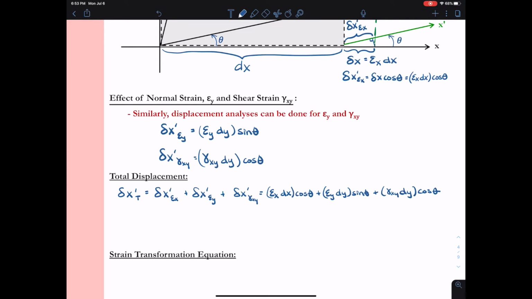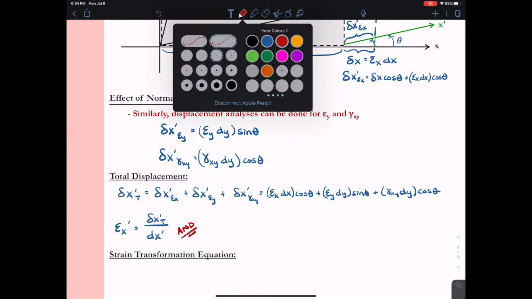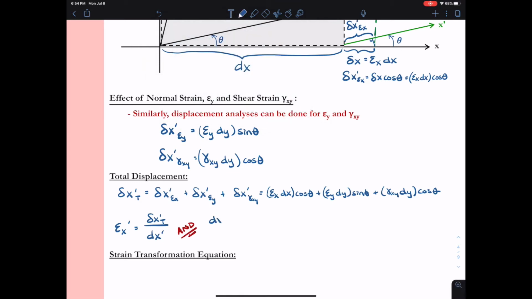I'm now ready to solve for epsilon x prime. Epsilon x prime equals delta x prime total divided by dx prime. So now I'm going to substitute the values above for delta x prime total, but for dx and dy, I want to substitute the geometry I had on the previous page, namely that dx equals dx prime cosine theta, and dy equals dx prime sine theta.